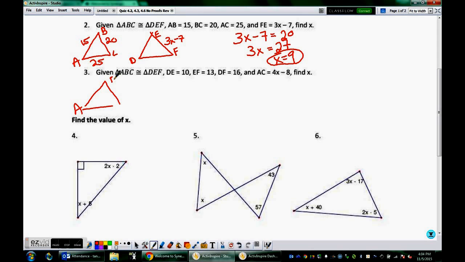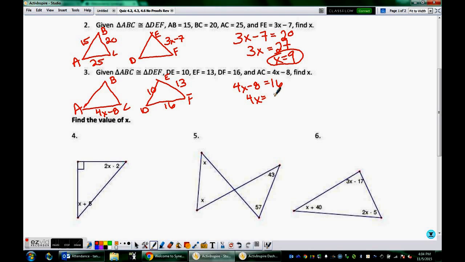For the next one, I've got triangle ABC, which is going to be congruent to triangle DEF. So we said DE was 10, EF was 13, DF was 16, and AC is 4x minus 8. So my side AC is going to be equal to my side DF here.